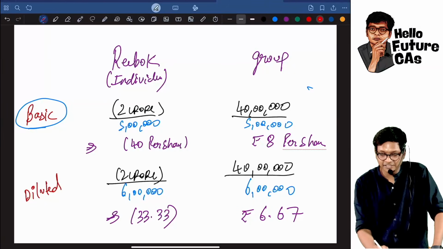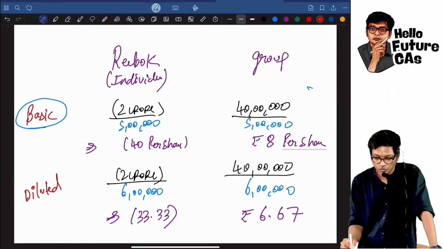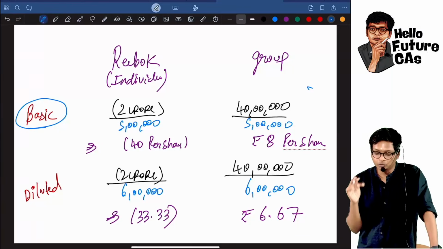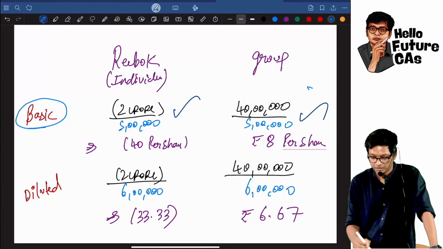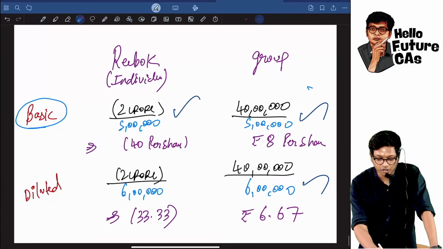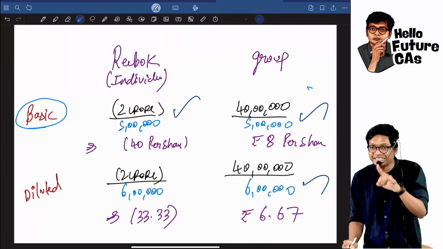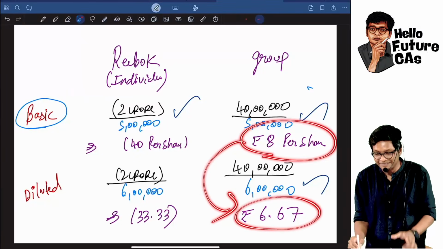Anybody has any reservations here? Are you all following, guys? So the sum is over, but if it's a 4-mark question, you will get 3 out of 4. This is correct, this is correct, and this is correct, but the 33.33 negative is not correct, because diluted EPS should decrease. So 8 rupees became 6.67, a decrease.